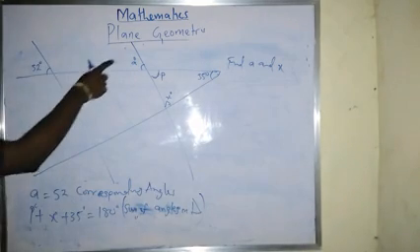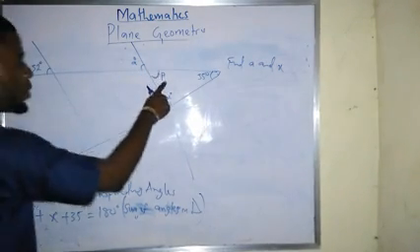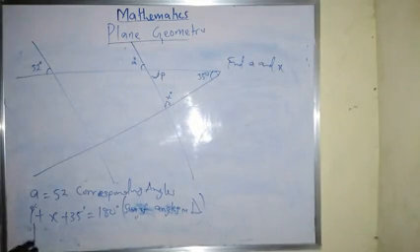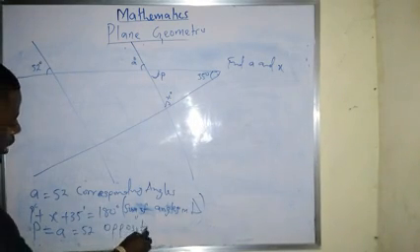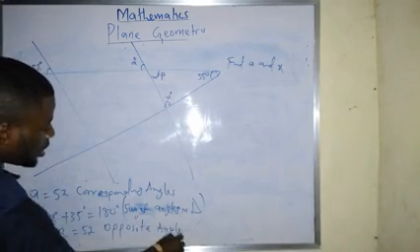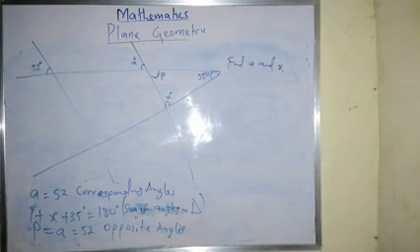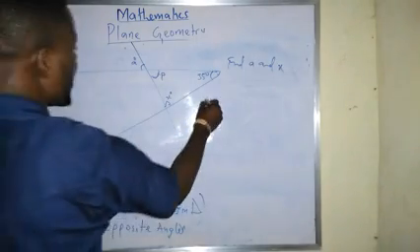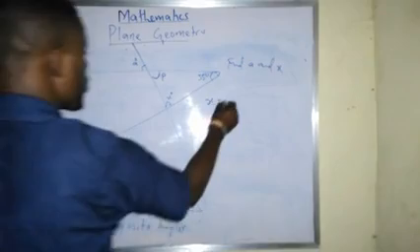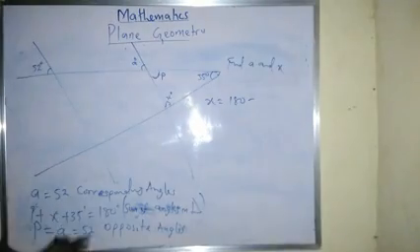Now, we all know that this angle and this angle are opposite angles. It means my P equals A, which equals 52. Since they are opposite angles, I can say X equals 180 minus the sum of these two.